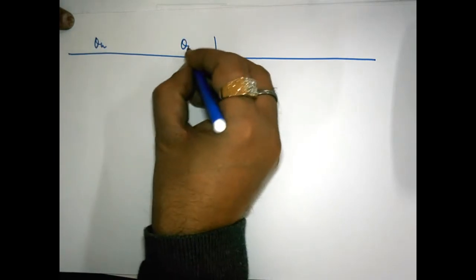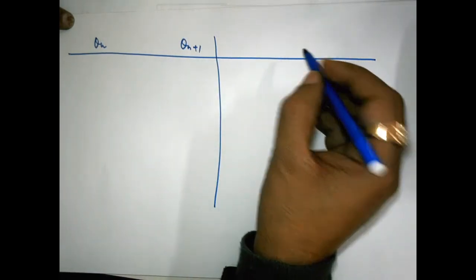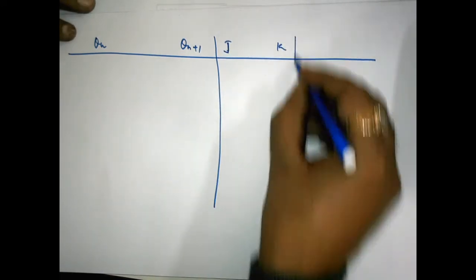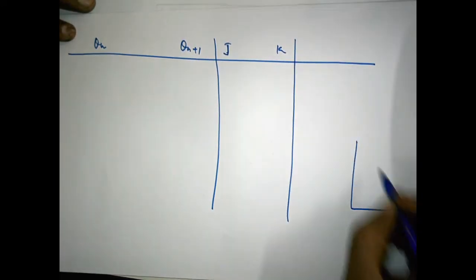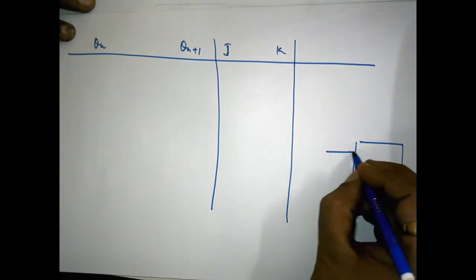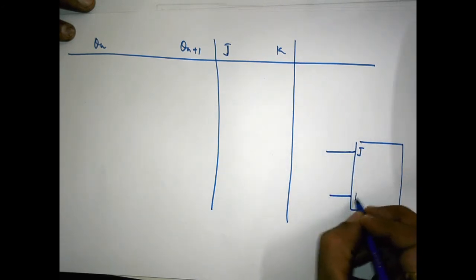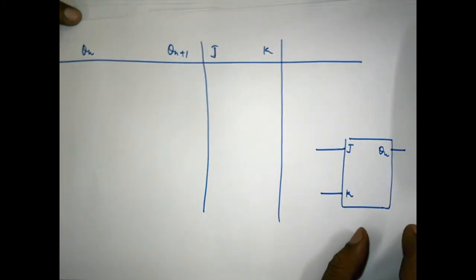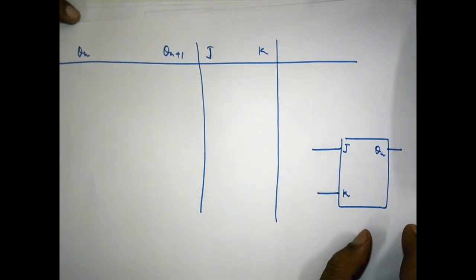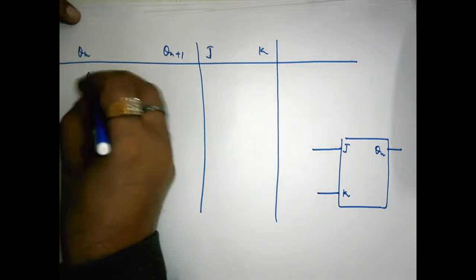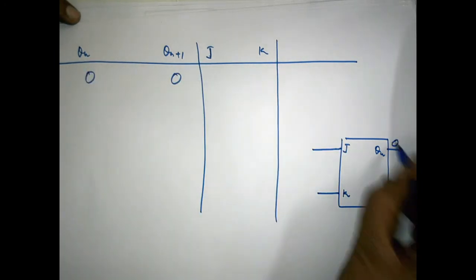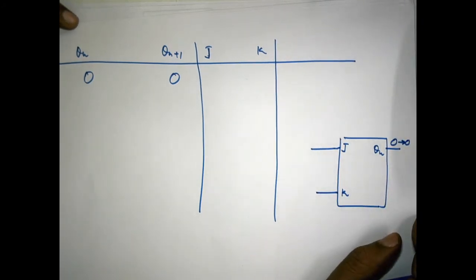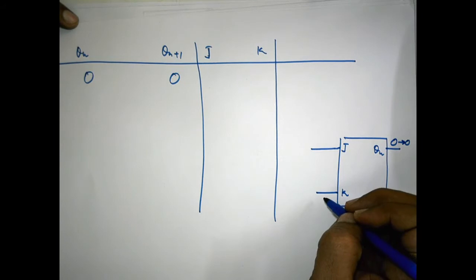We have Qn and Qn plus 1, and what should be applied at J and K. If 0 is available at present state and we are willing to make it 0 in the next state, what should be applied at J and K?